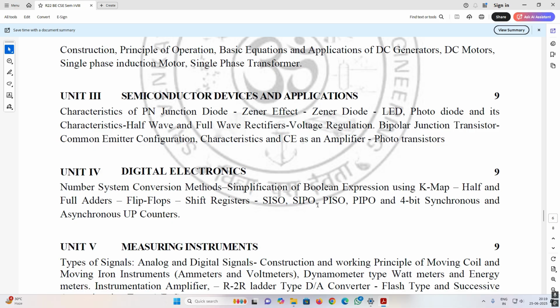So in this unit we shall study the very fundamental aspects of digital electronics.